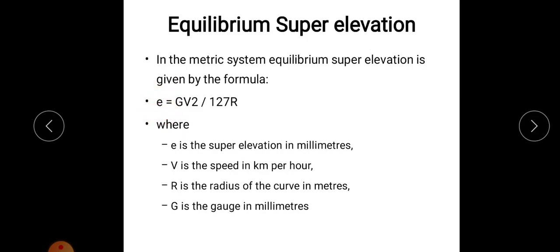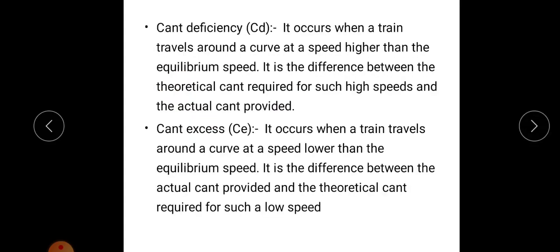When the speed of the train varies from this average speed, there will be a variation in super elevation also. So those two conditions are known as cant deficiency and cant excess.